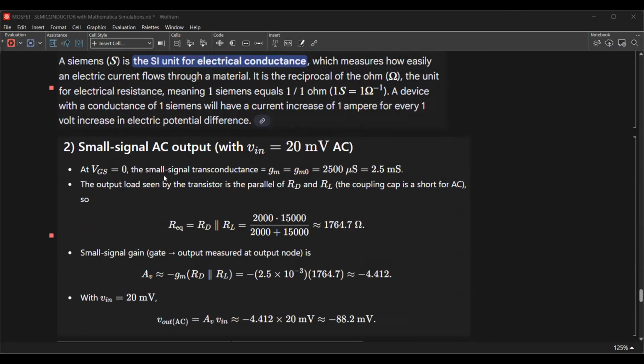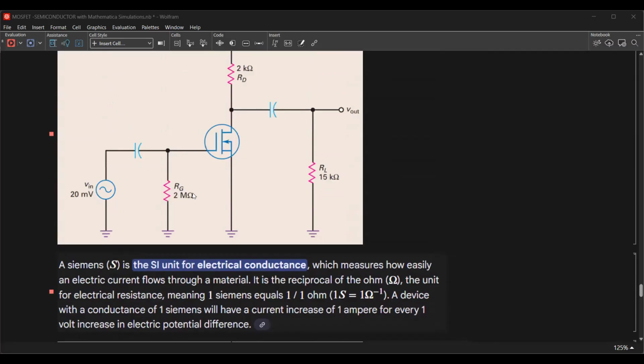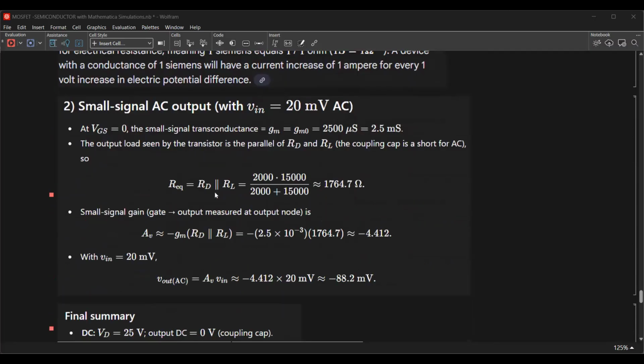All right, so we have the small signal AC, with the input signal equal to 20 millivolts. So at VGS equal to 0, the small signal transconductance is 2500 mu Siemens.